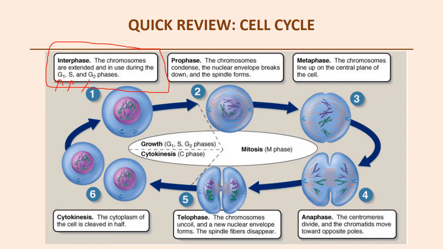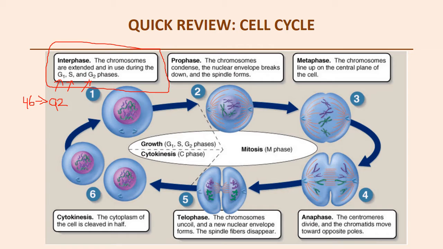Now, the synthesis phase is going to be very important for us because this is where we're going to replicate our DNA. So this is the point where our cells go from having 46 chromosomes to doubling that number and having 92 chromosomes. So you still have one cell, but now you have double the amount of DNA that's required. After the S phase is done, you then go into G2, gap phase 2, or some like to call it growth phase 2.